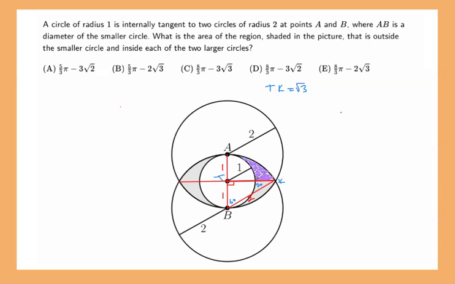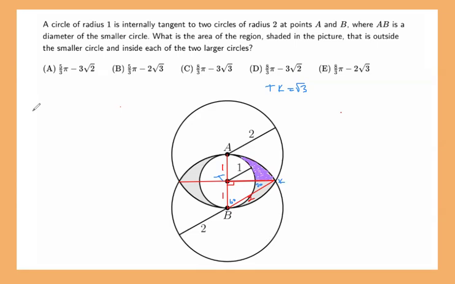If you look at the figure carefully, this can be obtained by taking the area of this sector. If you take this center B, because that's part of this circle, this is a sector, and if you subtract the area of this quarter circle and this triangle, then this is going to give us this purple region.